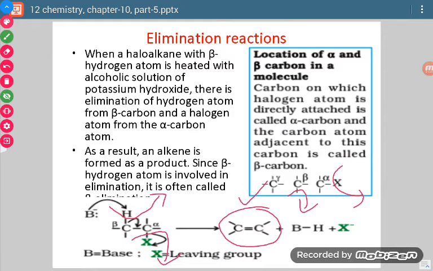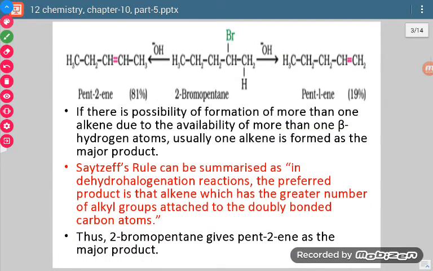Now the question comes that if there is presence of more than one beta carbon, then what happens? If we take the example of 2-bromopentane, then this is alpha carbon and this is beta carbon and this is also beta carbon. So there is presence of two beta carbons.